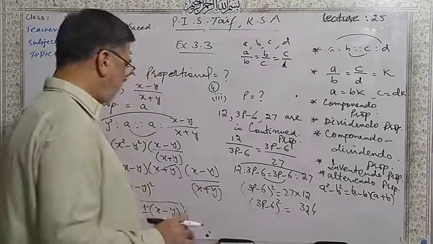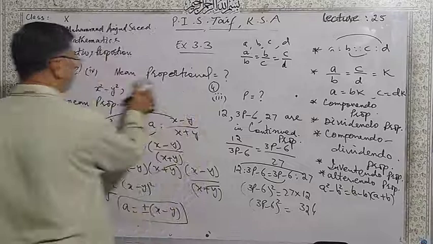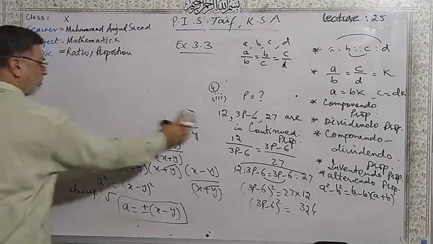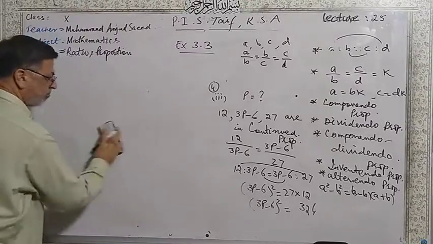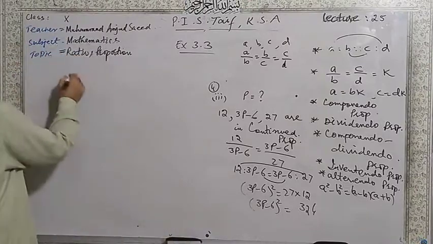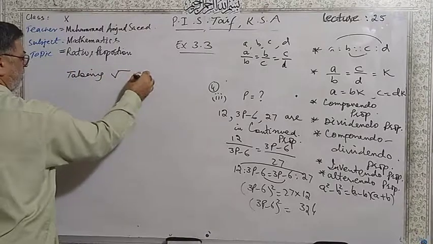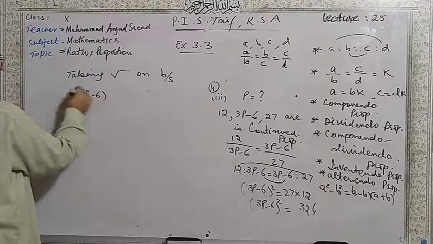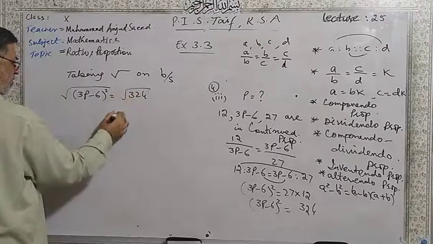Taking square root on both sides. 3p minus 6 whole square whole under root, 324 under root.